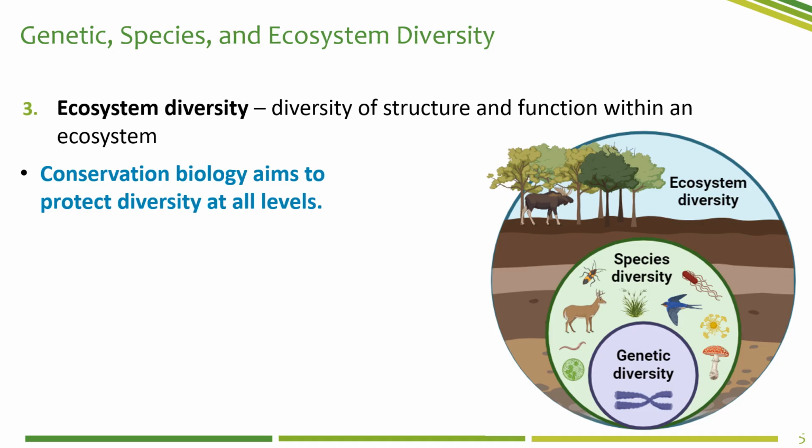So we've got genetic diversity here. That is the genetic variation present in a particular population. Then we've got species diversity, so the variety of different organisms that are present. And then, of course, we've got the structure and function of our ecosystem and how that affects the diversity of organisms that can live there.